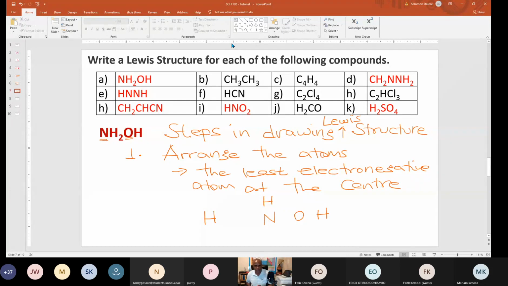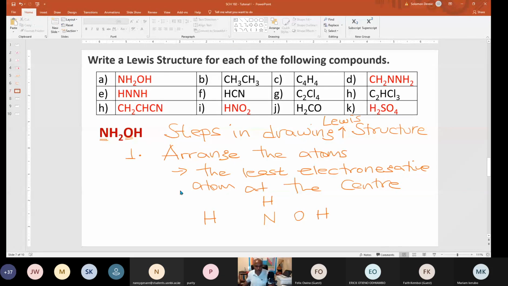Since nitrogen is trivalent, as a first approximation, it should not be surrounded by more than 3 atoms. Then if you look at the oxygen, it's surrounded by this hydrogen and the nitrogen, 2 atoms. As a first approximation, the oxygen should not be surrounded by more than 2 atoms. So it satisfies the requirement.